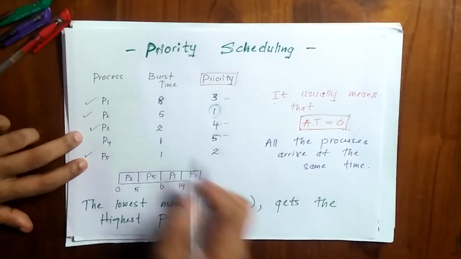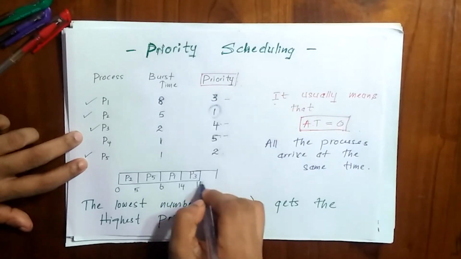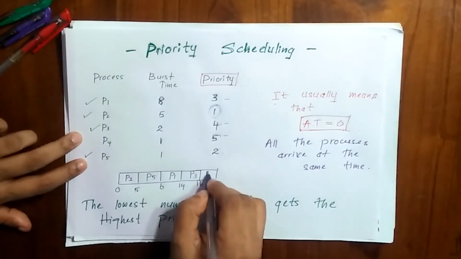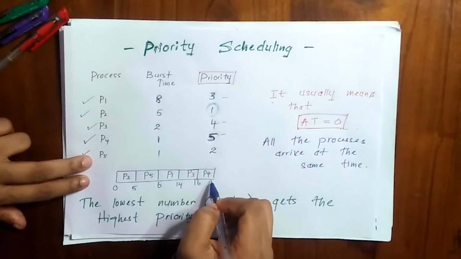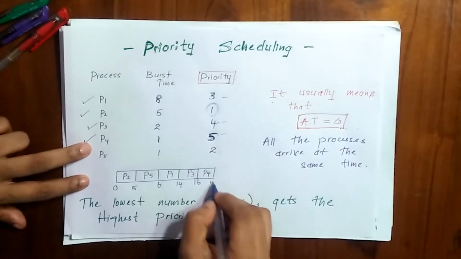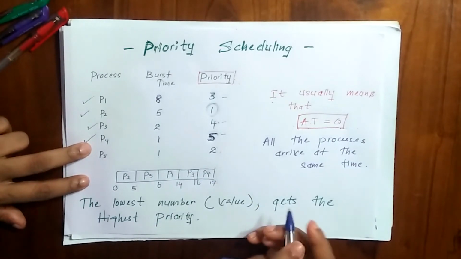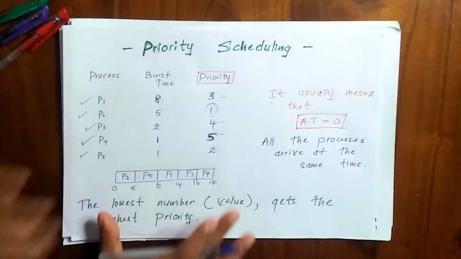P3, so 14 plus 2, 16, and finally P4. So we're done with P4 as well. It is 1 here, so we write 17. Right, so we are done with the Gantt chart.